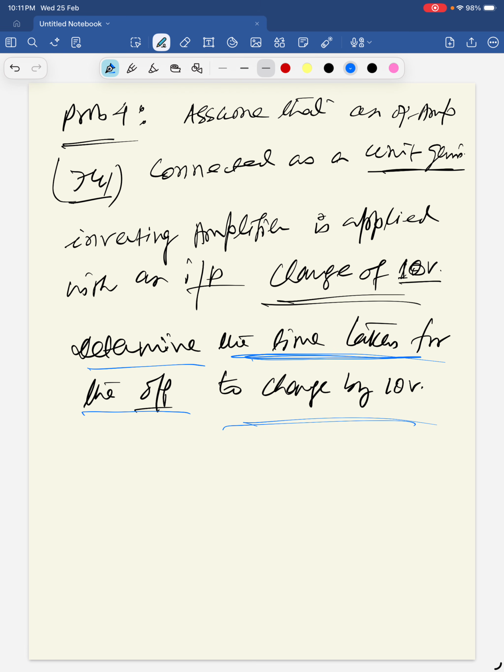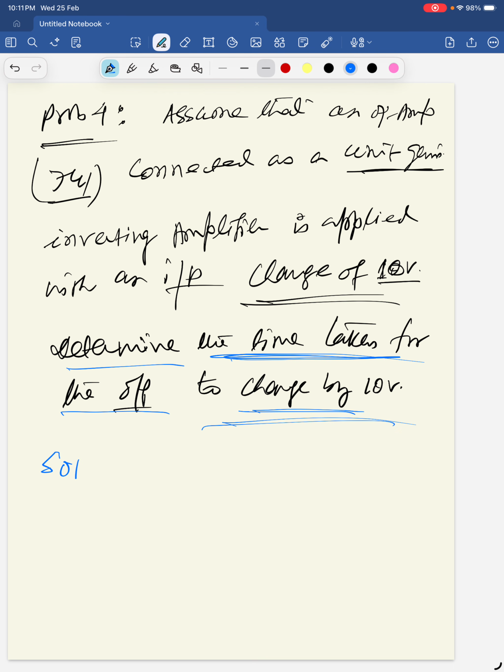Now given that output voltage changed by 10 volt, so what is given? Solution. What is given? Now given that output voltage change is 10 volt and slew rate is given 0.5, because it is standard.